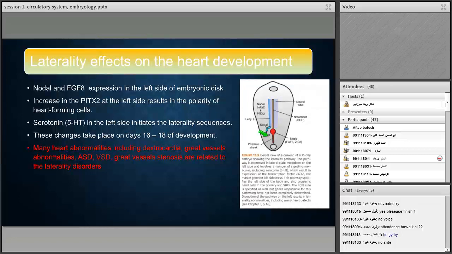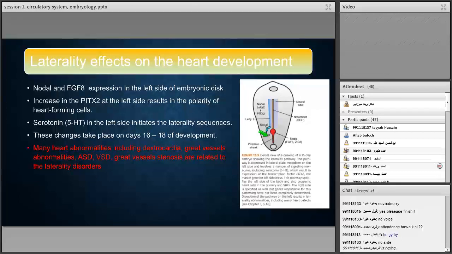This defect may be induced during gastrulation, but dextrocardia may occur with situs inversus. Situs inversus is a condition where all the organs are on vice versa sides.